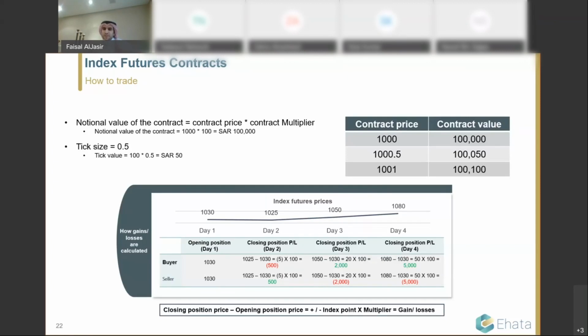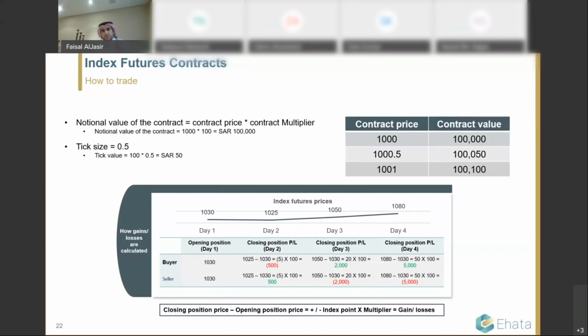And day four is the same idea. You see how they have accumulated there for the buyer when the price jumped from 1030 to 1080. So this simple way of looking at this gives you a sense of what you would be expecting.